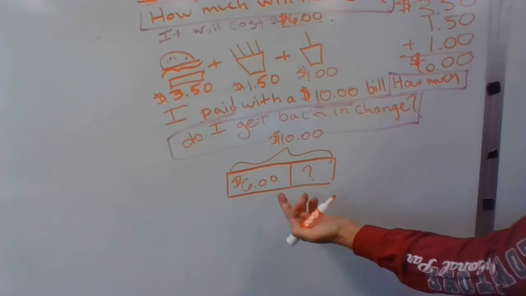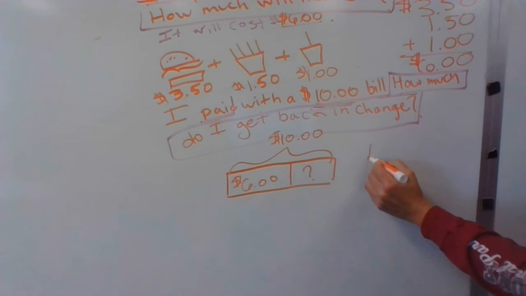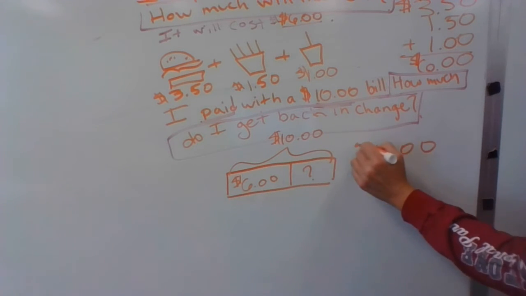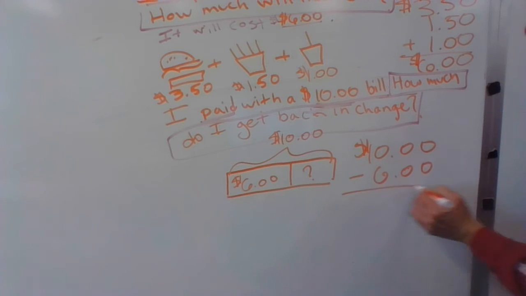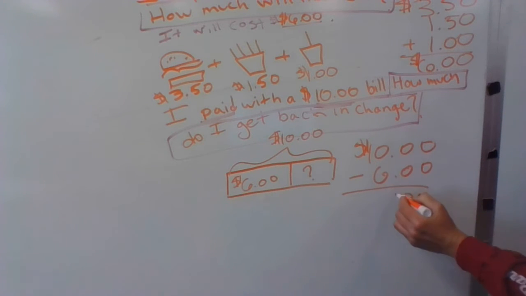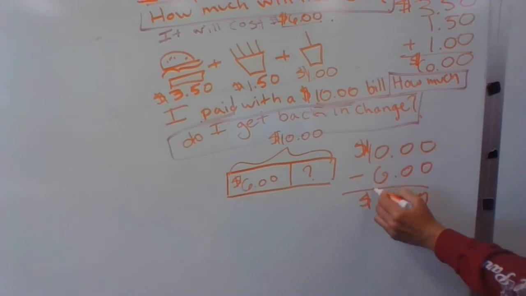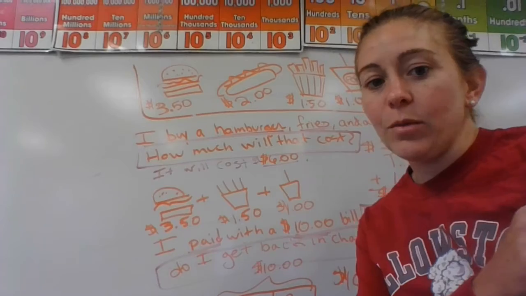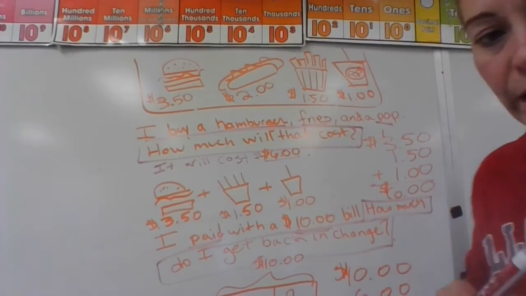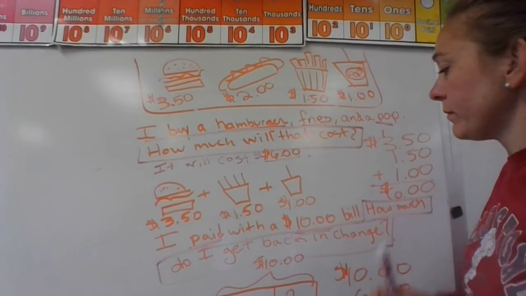So I will subtract because I've just got one minus the other. So $10 minus $6, line up that decimal because you're really lining up those place values. 0 minus 0, 0 minus 0, drop the decimal. 10 minus 6 is 4, which means I should get back $4, at least in Washington I would, because there is no tax on food in Washington.